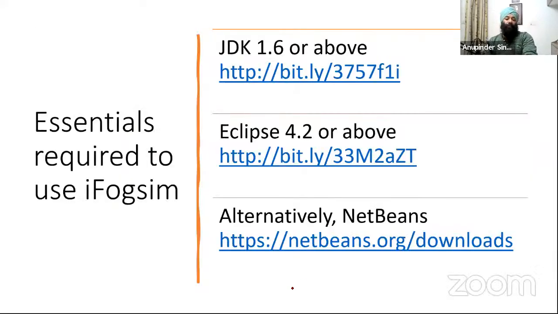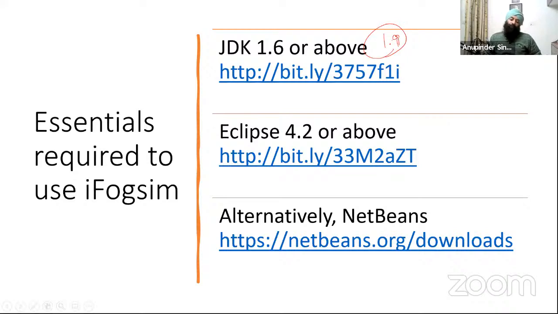Then these are some of the essential things that you should have for starting with iFogSim. So you should have JDK 1.6 or above, because iFogSim has been developed over the CloudSim 3.0.3 version. And when I say above, it should not be above 1.9, because a couple of times people install all the latest, either the OpenJDK or Oracle's JDK, but 1.9 is the maximum version which supports it.